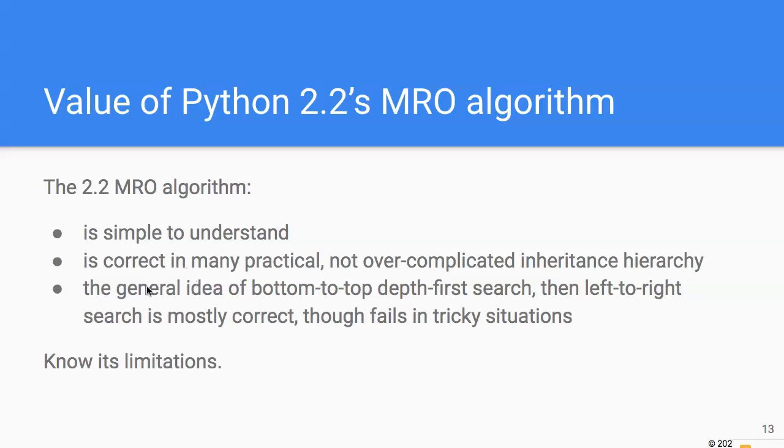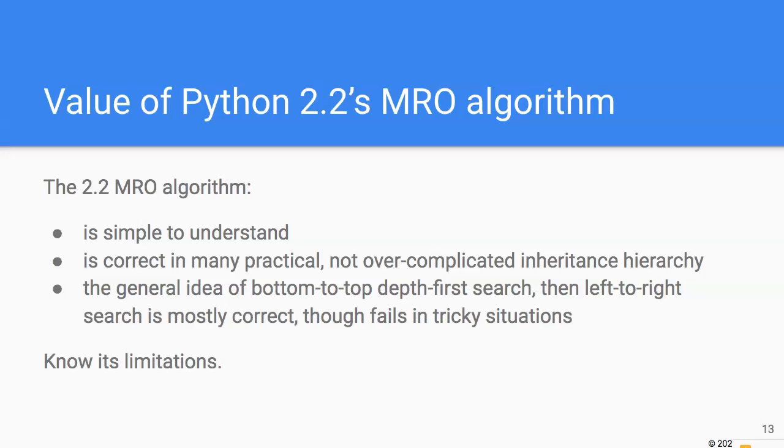And finally, its general idea of going from bottom to top, doing a depth first search, and then going from left to right is really applicable even in the C3 linearization algorithm, even though, as we saw, the 2.2 algorithm does fail in some of the trickier situations.